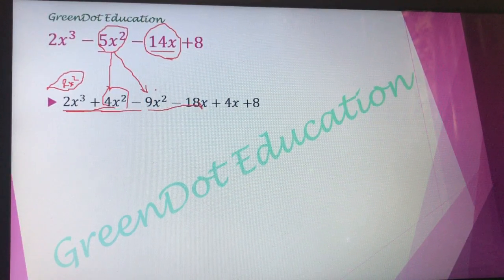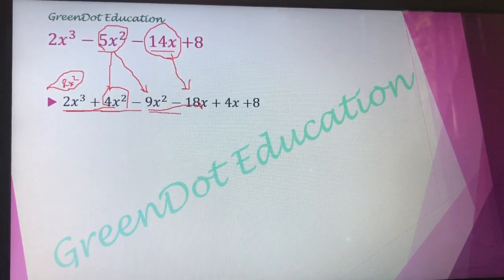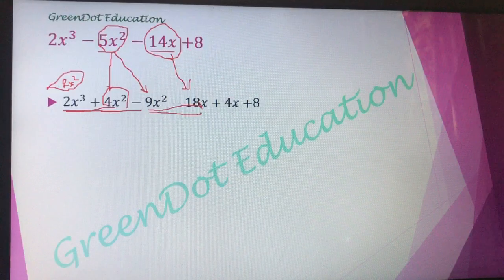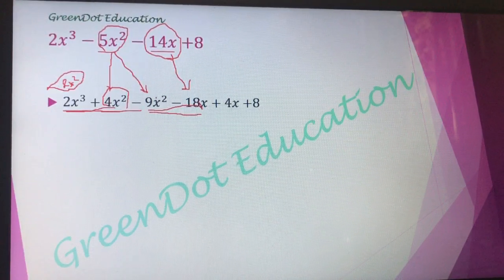So I have got 9x square. So if I divide this as 18x, then I will get x plus 2 as a common factor, and if I take 9 as common from these two terms, so I will get x plus 2 as a common factor from these two terms.